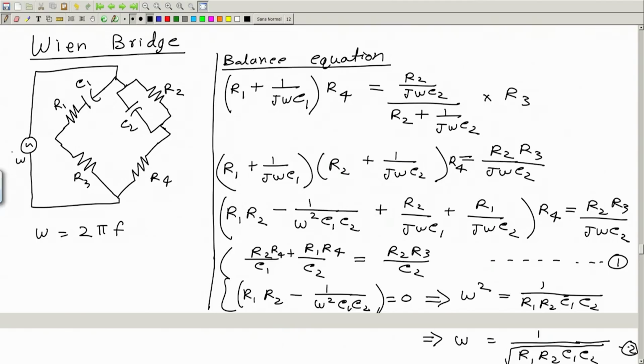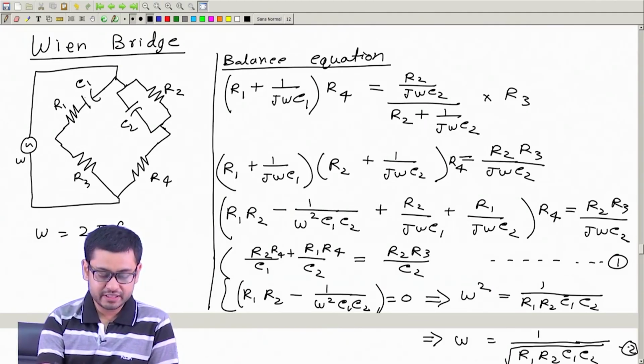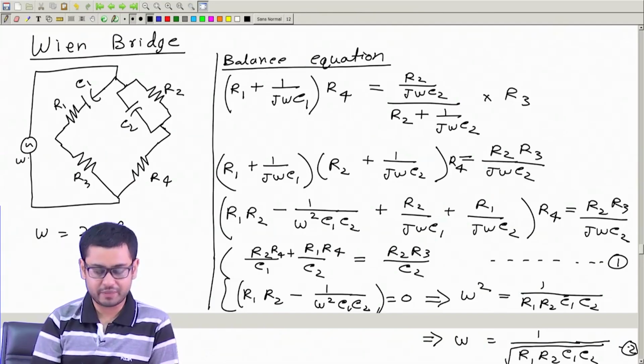You can also vary omega. Okay. So, to get this bridge balanced, or if omega is an unknown frequency, then omega is constant, then you can vary these parameters R, C, etc. to get this bridge balanced, and from that you can measure the value of omega.